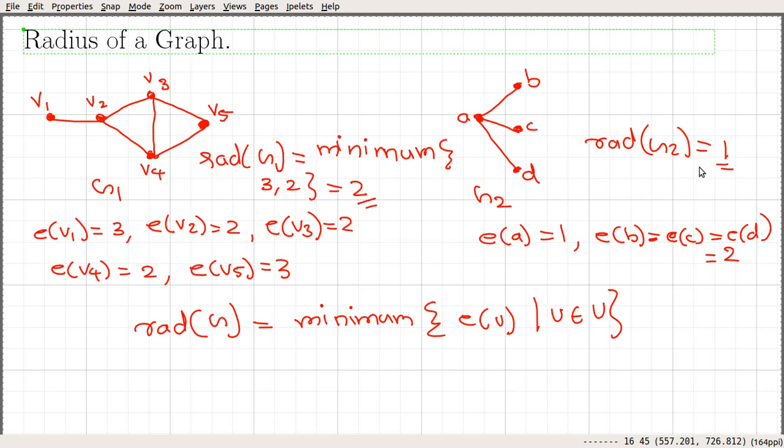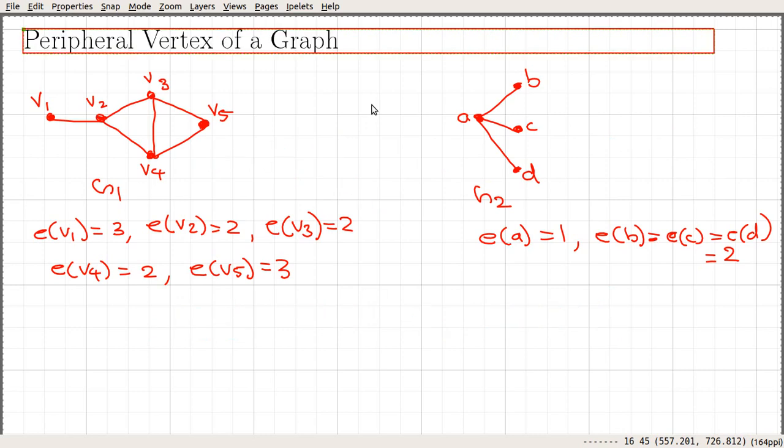So now we know what an eccentricity of a graph is and the diameter and radius of a graph is. Now two new words called periphery and the center of a graph. Let's see what they are. So the peripheral vertex of the graph. So let me give the definition, then after that we will work out this example.